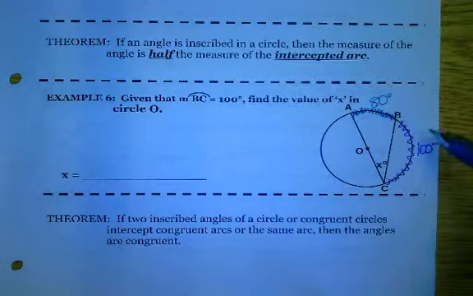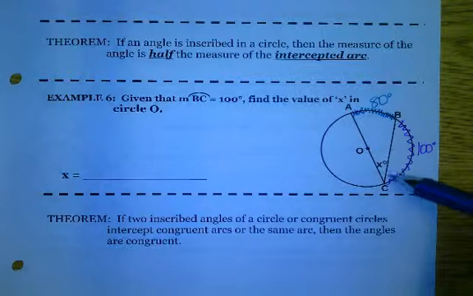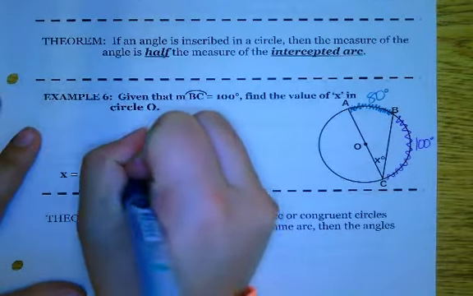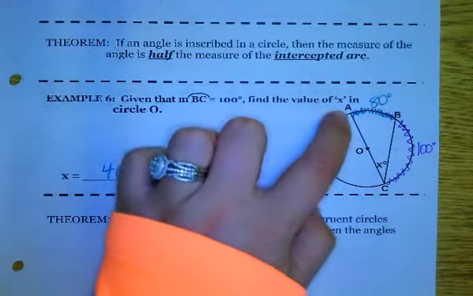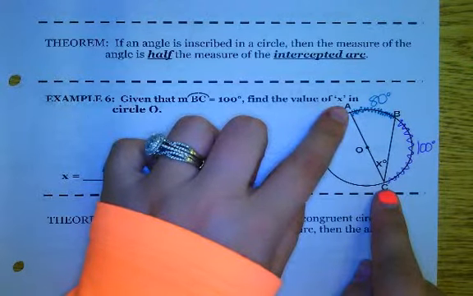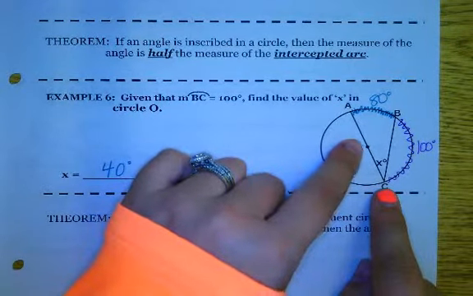So if arc AB is 80 degrees, what does that leave your inscribed angle to equal? 40. Because it's on the half of your diameter. So you notice CA is your diameter because it's a chord going through the center. So that's half.